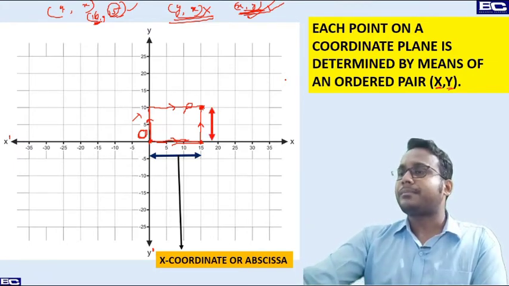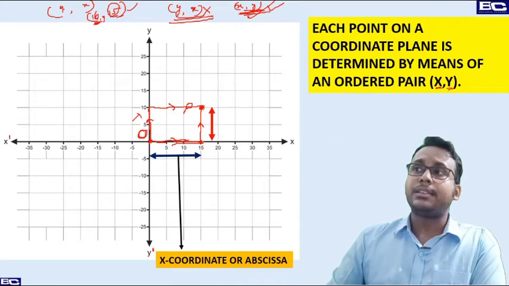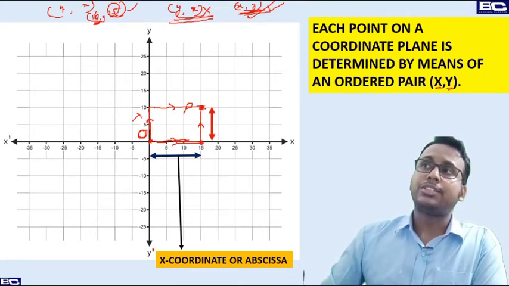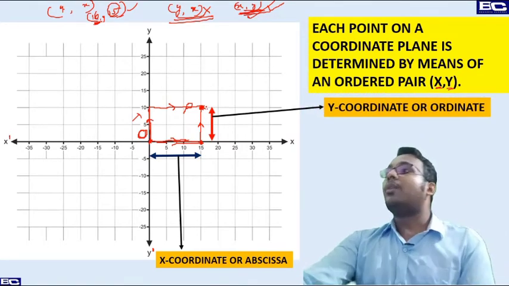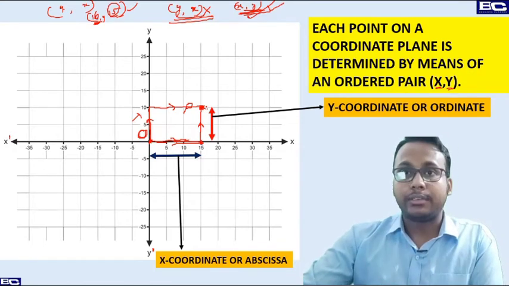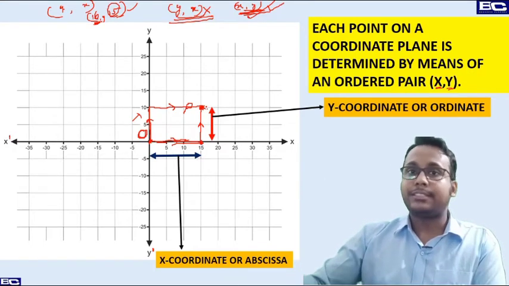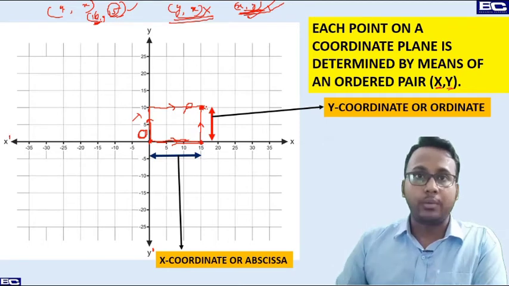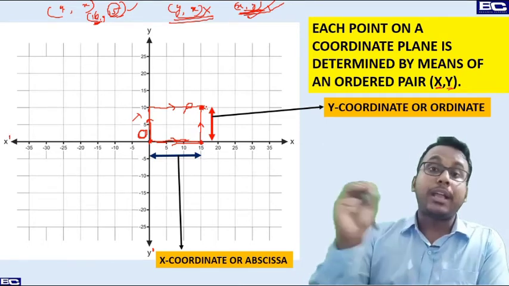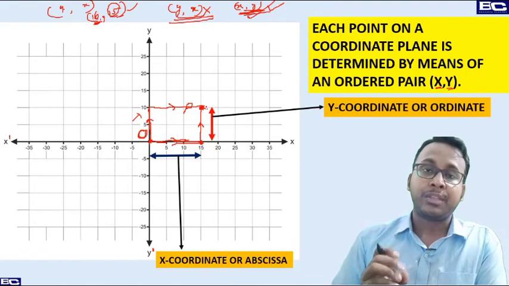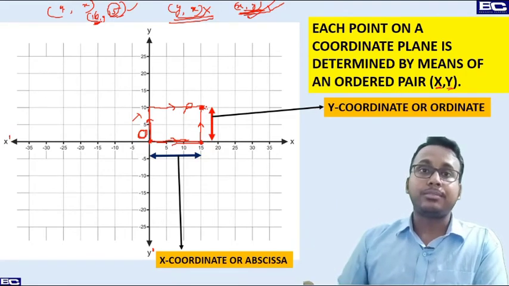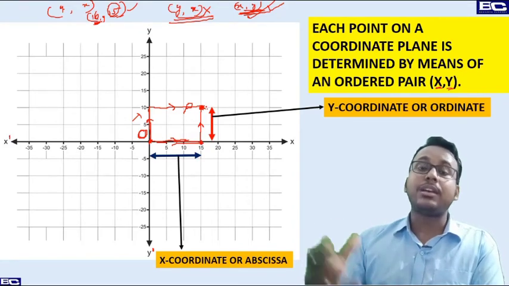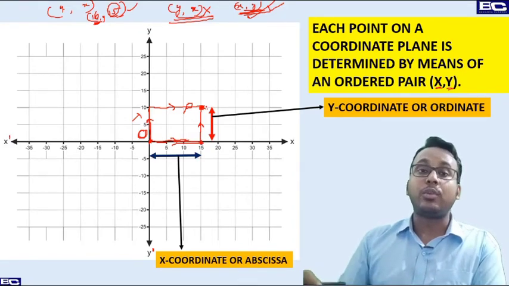Now this part, from the foot of this particular place where it ends on the x-axis up to the top, that particular part is called the y coordinate or ordinate of the point. Simply you can say y coordinate, x for x coordinate, y for y coordinate, or the name of the x coordinate is abscissa. This is important. Why? Because in board exam or simply in your class exams, the questions will come as abscissa or ordinate, not in the form of x coordinate or y coordinate.